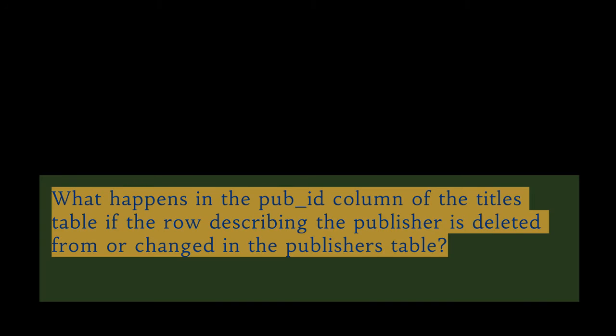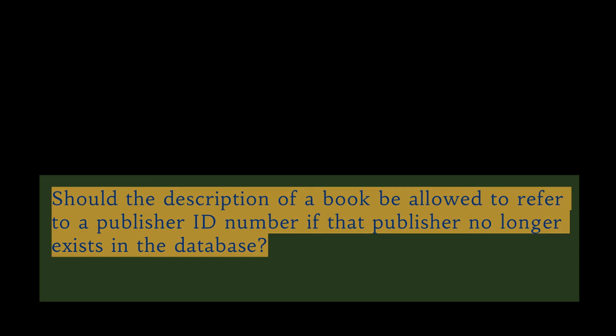What happens in the pub_id column of the titles table if the row describing the publisher is deleted from or changed in the publishers table? Should the description of a book be allowed to refer to a publisher ID number if that publisher no longer exists in the database?